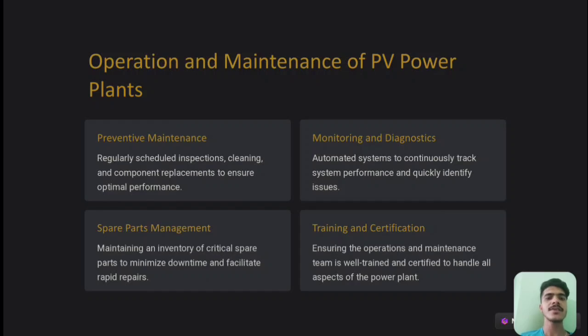Next, spare parts management: it helps in maintaining an inventory of critical spare parts to minimize downtime and facilitate rapid repairs. Next, training and certification: ensuring the operation and maintenance teams are well trained and certified to handle all aspects of the power plant.